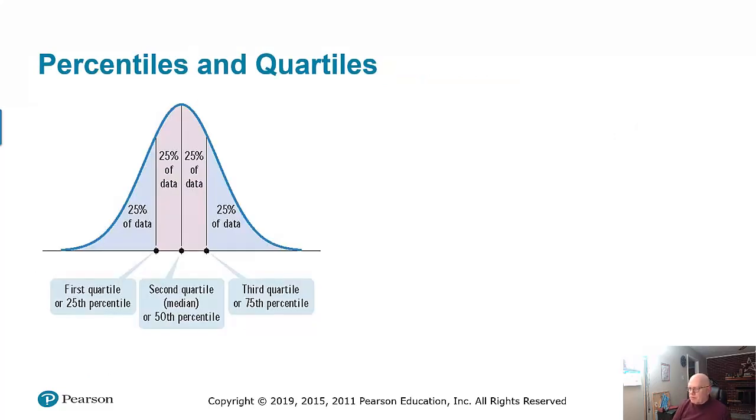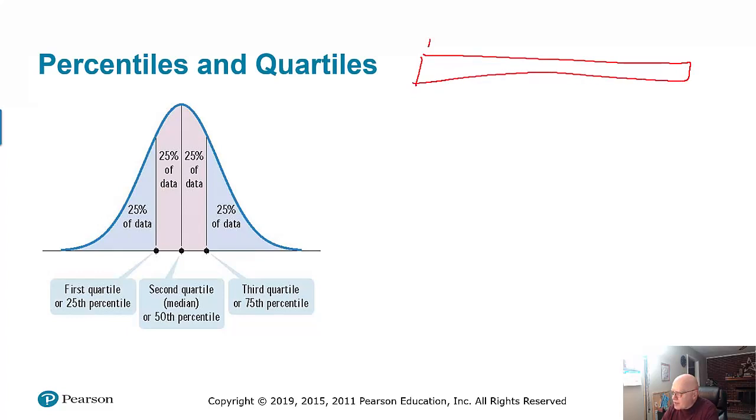Okay, now percentiles and quartiles. Keep in mind here, the percentiles means, say you have a set of data, and suppose this is the lower part of the data, this is the higher part of the data. Percentiles means we're going to take all this data and we're going to chop it into 100 little pieces.